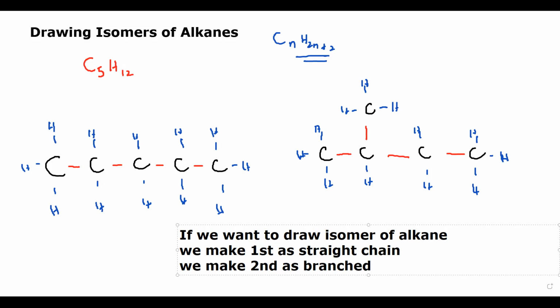So that's how we draw the two isomers of alkane. The first one is a straight chain and the second one is a branch.